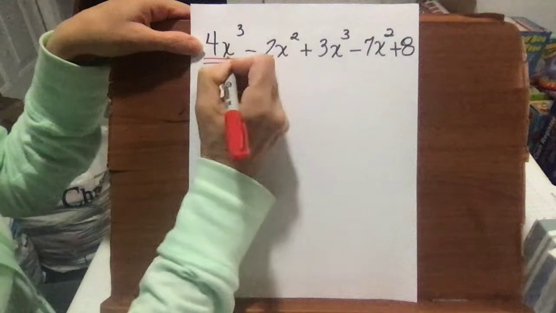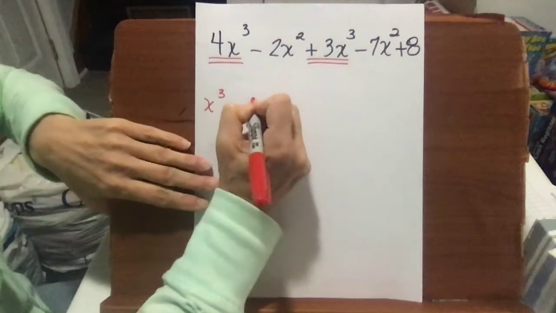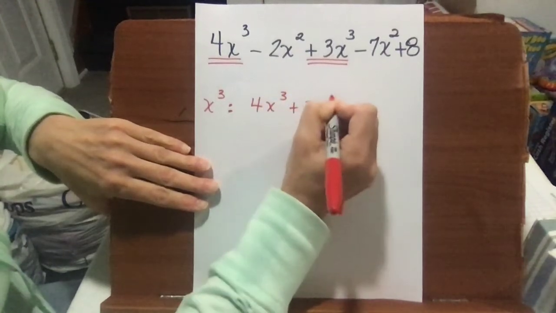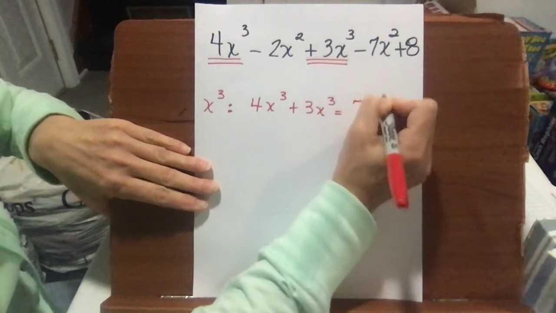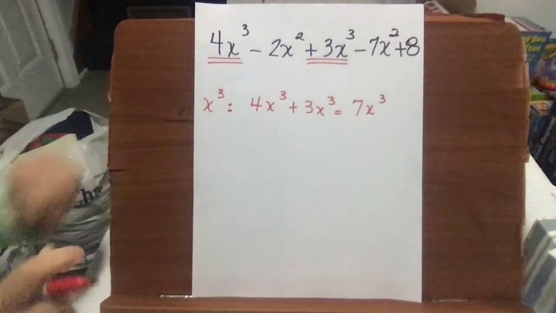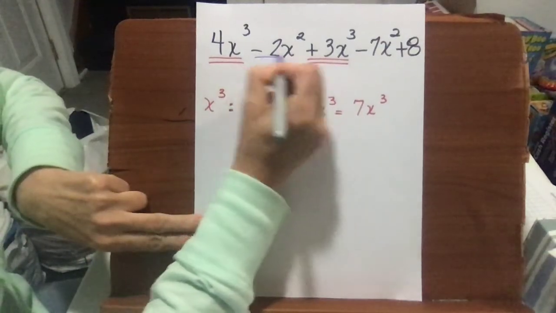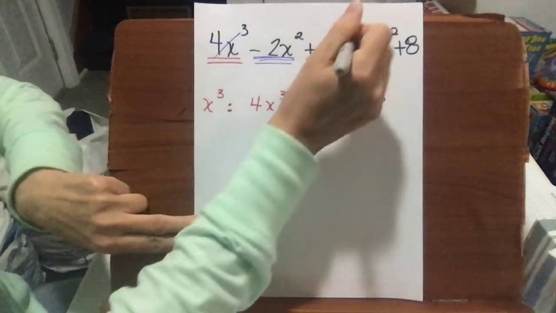And we're going to look through and find another x cubed term, and we have it here. So we have a 4x cubed plus a 3x cubed, and that results in 4 plus 3, which is 7x cubed. All right, next we're going to look at the next term we have in line, which is the 2x squared. Okay, we crossed those out, we're done.